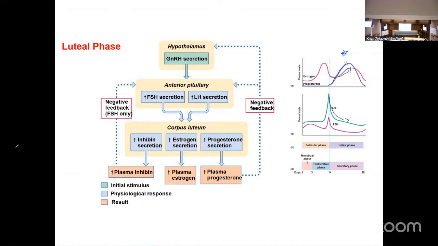Okay, so this is how that's working. So we still have some secretion from the hypothalamus of gonadotropin releasing hormone. And we're not going to be specific about how much right now, but we would still have some levels of FSH and LH being secreted, right? So we don't go to absolutely zero.